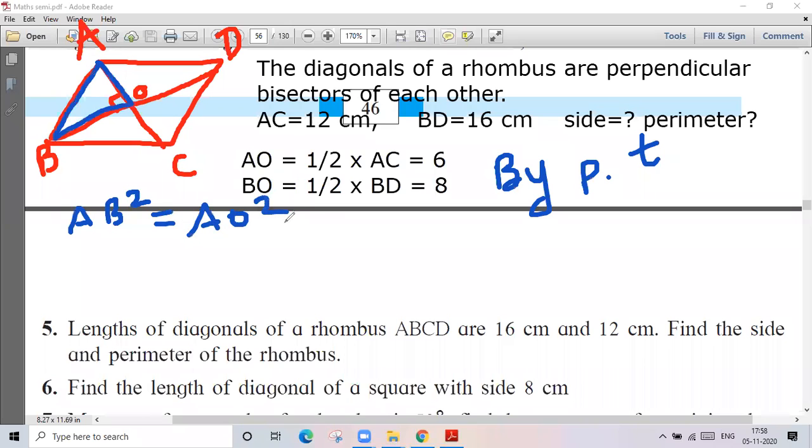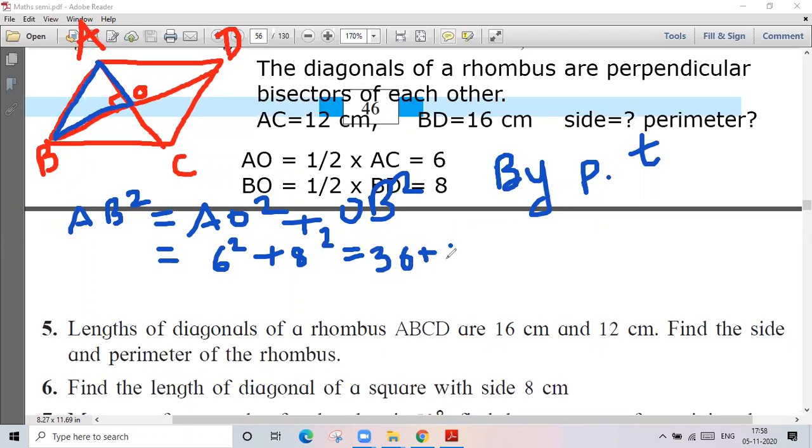AO is 6, OB is 8. 6 चा square 36, 8 चा square 64. Addition केलं, 100 आलं. So AB square is 100, therefore AB is the square root of 100, which is 10. So the value of AB is equal to 10.